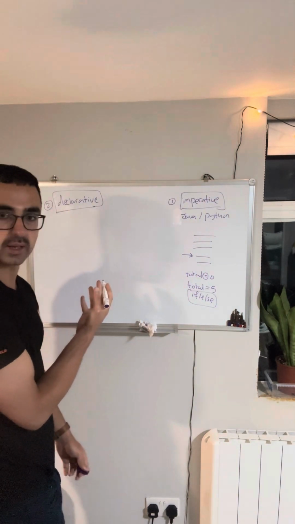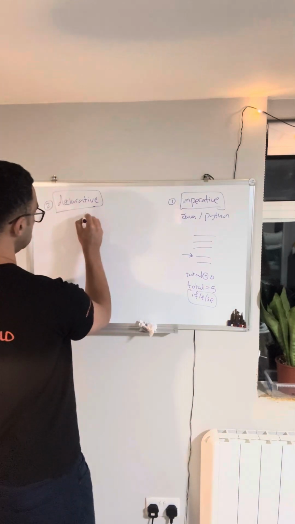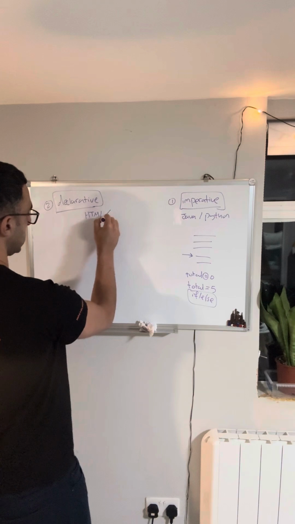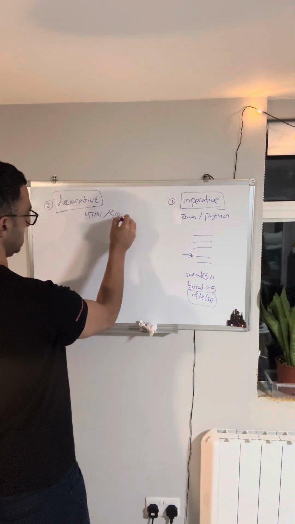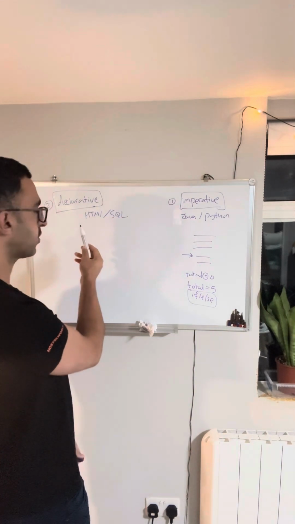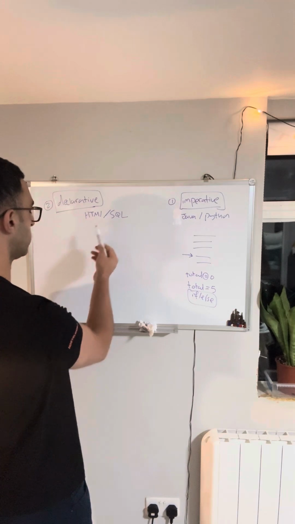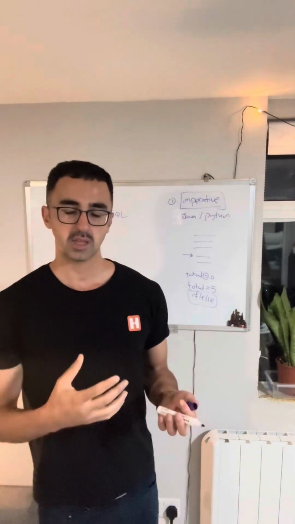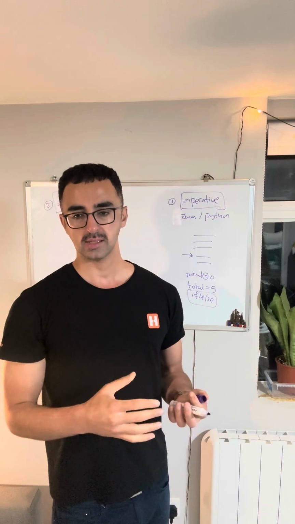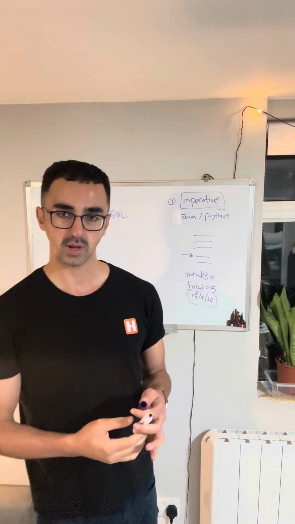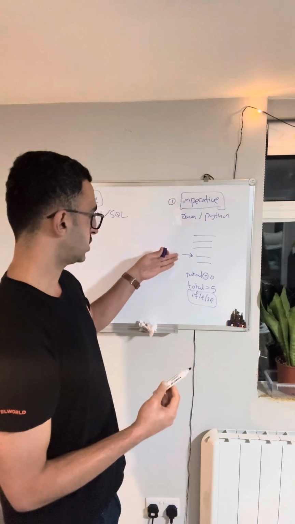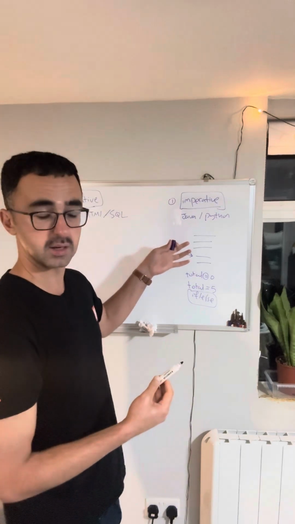Examples of declarative code are HTML and SQL. HTML is more on the front end, SQL is more on the back end. And what distinguishes this type of language is that it's more forgiving. So let's say in imperative, reaching this line is a guarantee.